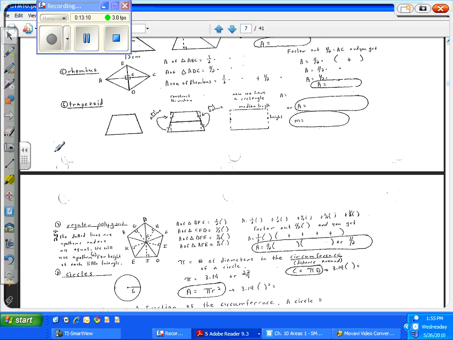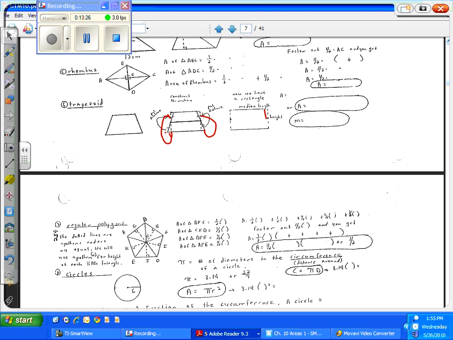If we look at a trapezoid, this little triangle here, that piece could go to the top, and this little piece down here could go to the top. And when you did, you would have a rectangle.